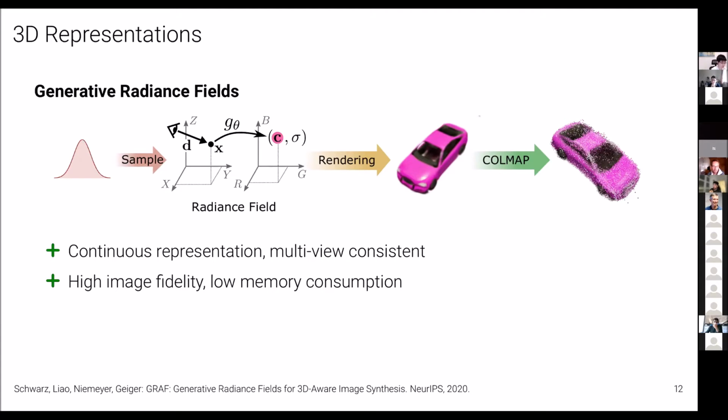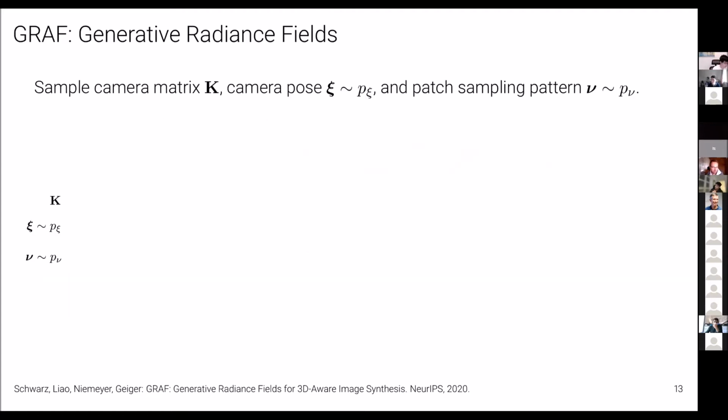It doesn't yet work on very complex scenes, but on this kind of data set it works. And it has low memory consumption because we're using this very compact neural radiance representation where this mapping is represented through a neural network. So let's look at this model in a little bit more detail.